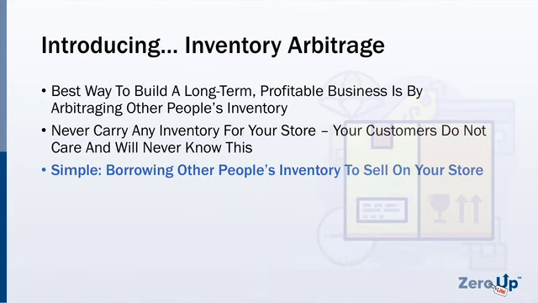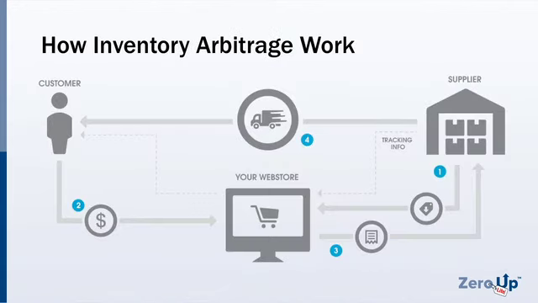So in simple English, inventory arbitrage is simply borrowing other people's inventory to sell on your store. So you're just needing to put in the images, description, and price, and you're selling other people's inventory. That's what you are doing. So in a nutshell, this is how inventory arbitrage works. You have your online store.